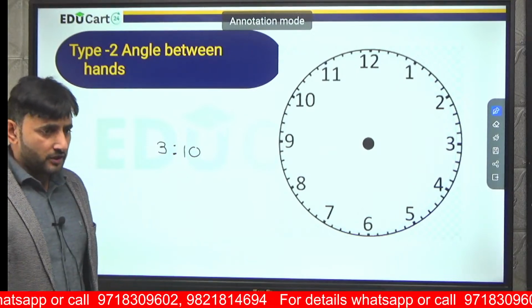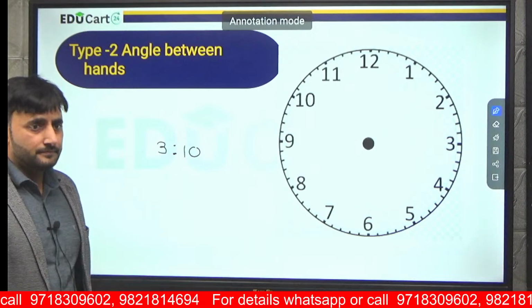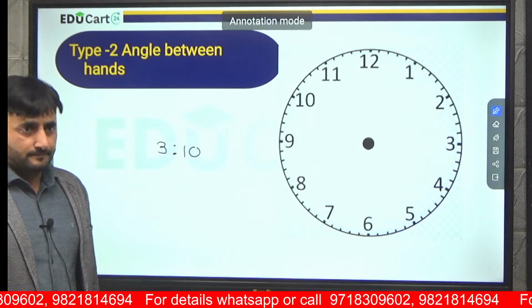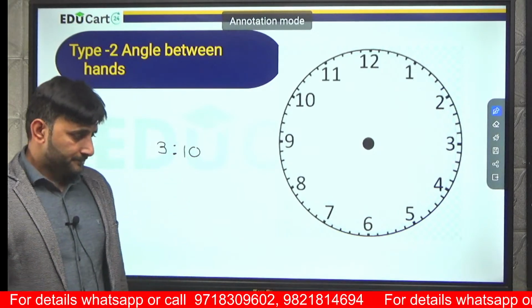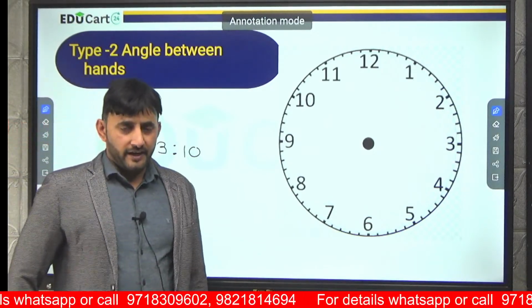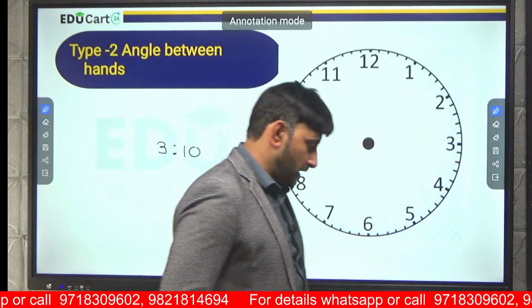Let's see who will give me the correct answer first. 30 degree. Okay. At 3:10, what is the angle between the minute and the hour hand of a clock?